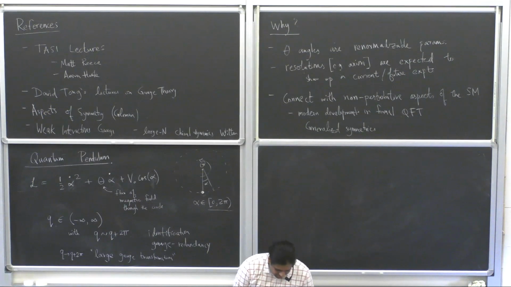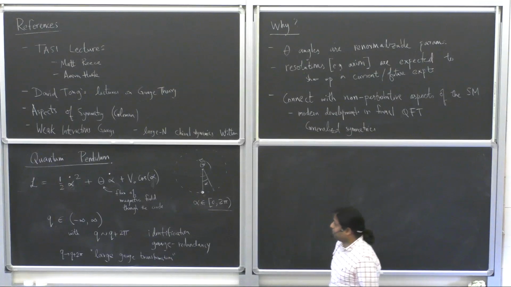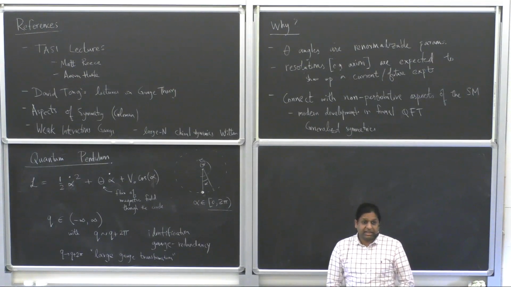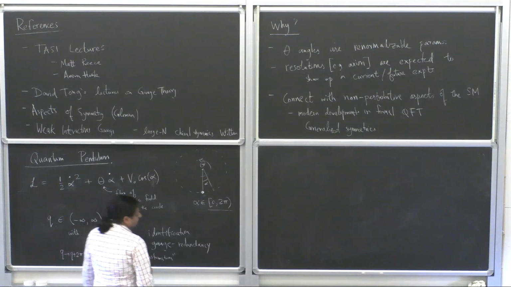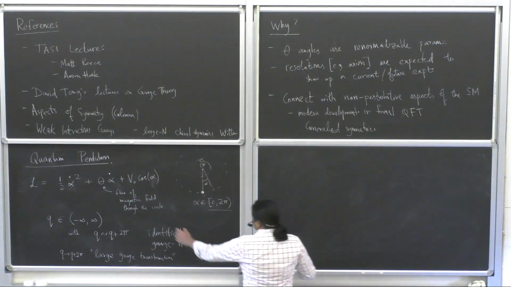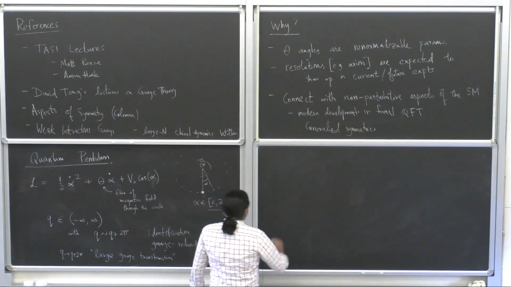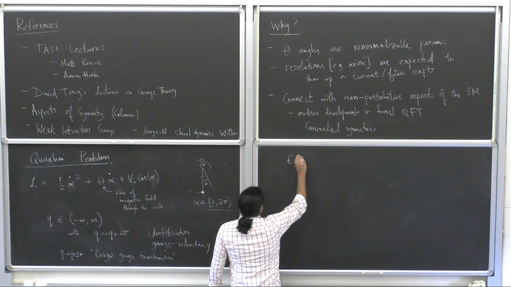So let's first look very quickly at the Hamiltonian for the system and see that the theta angle actually does have physical effects. Actually, before that, we can construct the classical equations of motion of this Lagrangian.